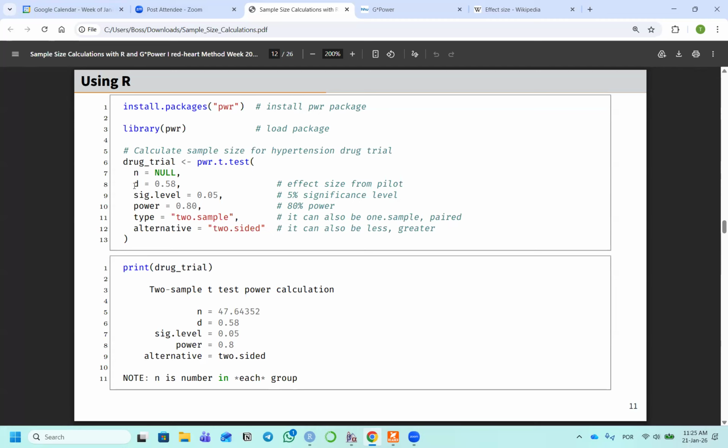Once you set all this, you put n equal to NULL. That is the quantity I'm going to calculate using R. Once you set everything, simply run it and you will find around 47.6 for each group. So if you multiply it by 2, you get 96, exactly what we got using GPower.